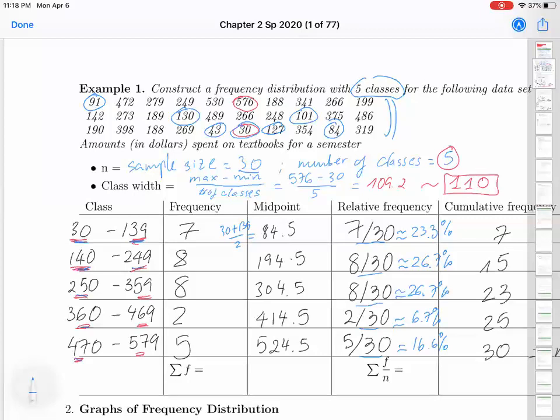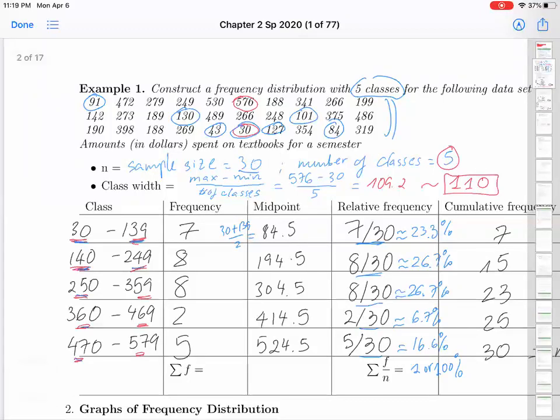And you need to make sure that after you round the percentages up or down, the sum of all of these percentages should be 100%, or the sum of all of these relative frequencies should be 1, or 100%.